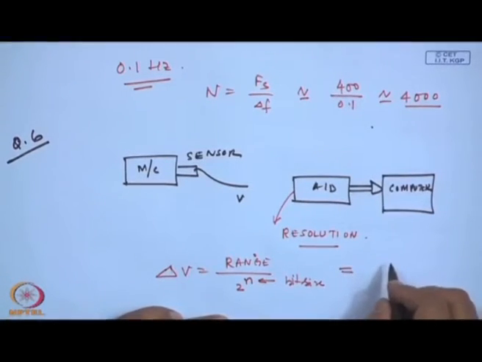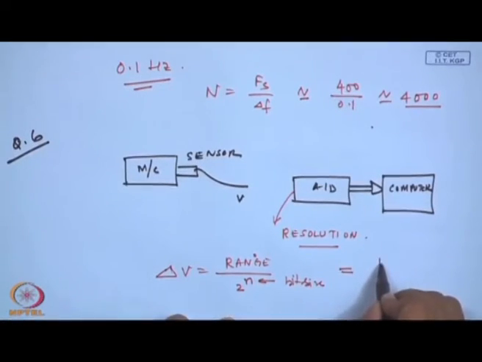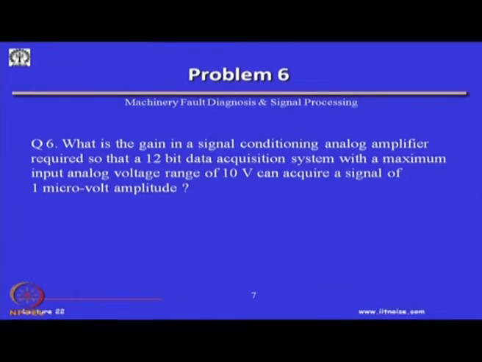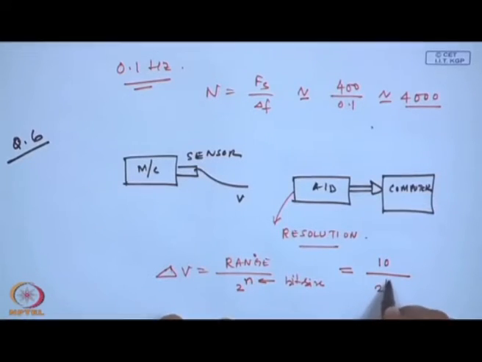So, in this case, if this range is 10 volts, I have the bit size as 12. So, 2 to the power 12, and this corresponds to about 2.44 into 10 to the power minus 3 volt, that is 2.44 millivolt.